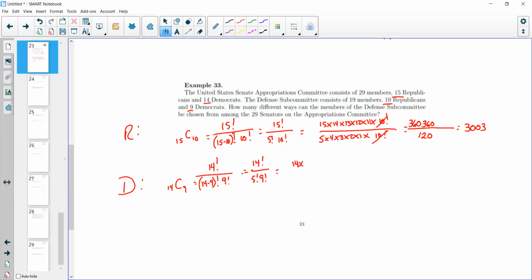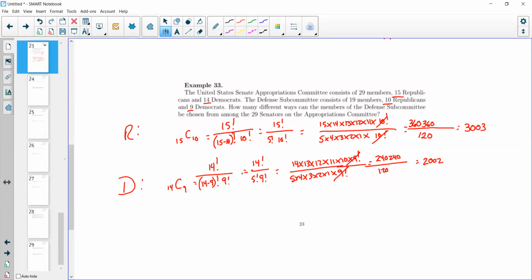Gives me 14 times 13 times 12 times 11 times 10 times 9 factorial, over 5 times 4 times 3 times 2 times 1 times 9 factorial. The 9 factorials cancel out, and this comes to 240,240 over 120, which is 2002.